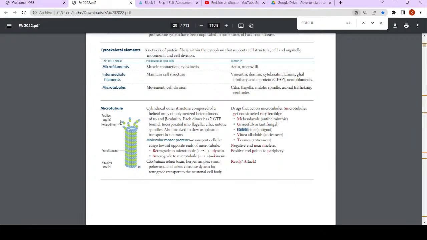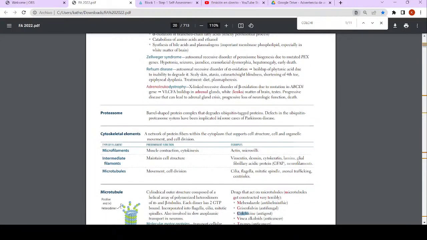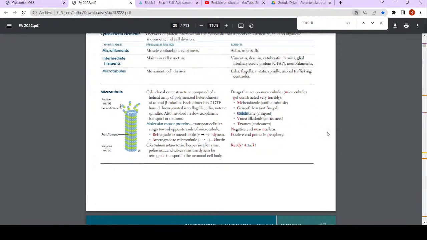review this. For example, this is in the biochemistry section, and here we talk about the cytoskeletal elements. Well, here it is. Microtubule is a cylindrical outer structure composed of helical array of polymerized heterodimers of alpha and beta tubulin.